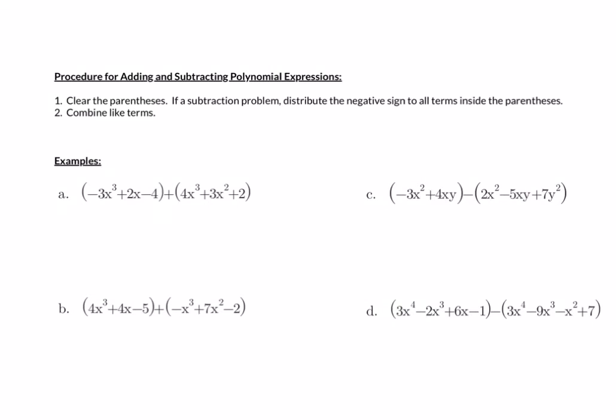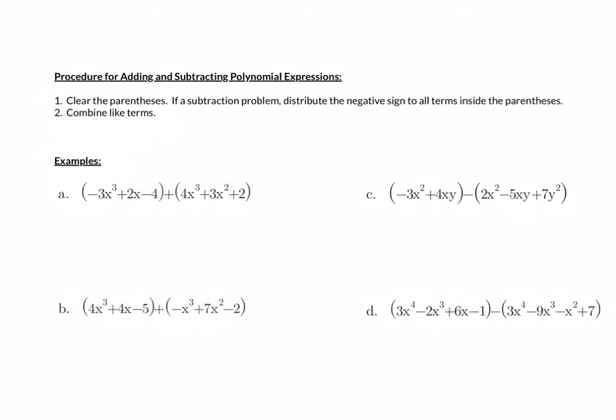So the first thing that we want to do is clear the parentheses. And in terms of addition, the parentheses have no special meaning. They are just kind of a grouping symbol. But for subtraction problems, we want to make sure that we distribute the negative sign to all terms inside the parentheses. After that, we can combine like terms.